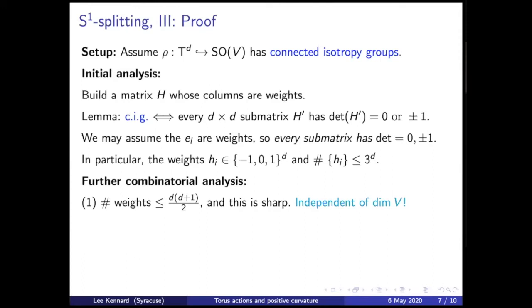I don't want to make everybody dizzy, but if you go back to the previous slide, there was a T4 representation with 10 representations. So it turns out that's the maximum number possible. That example generalizes to all cases, and you get that this is sharp. In fact, we also prove that that's the only representation with this maximal number of irreducible subrepresentations.